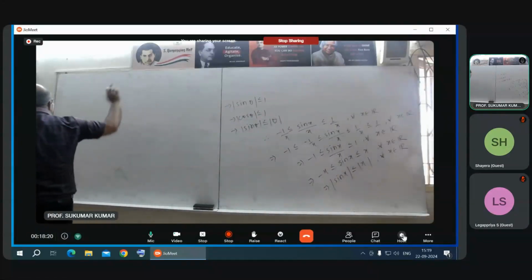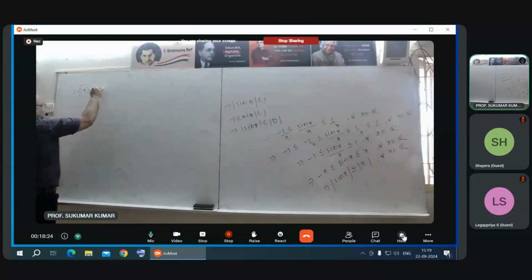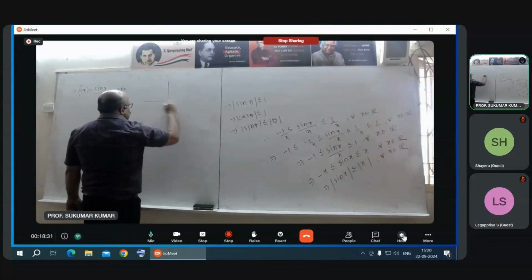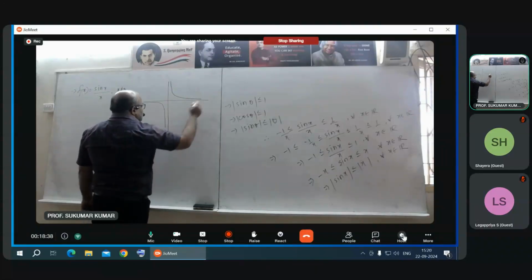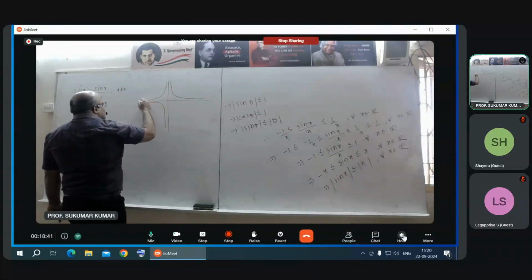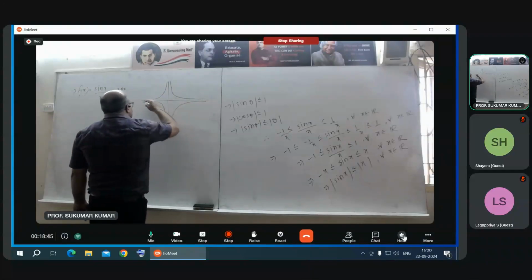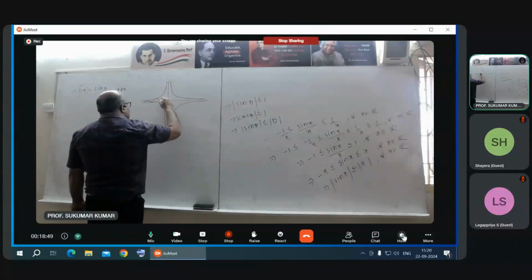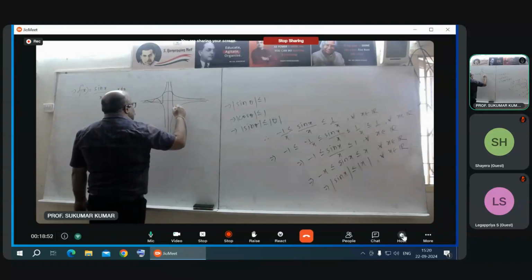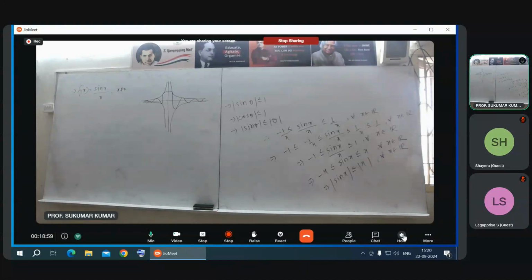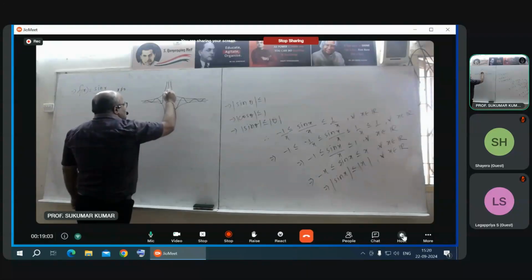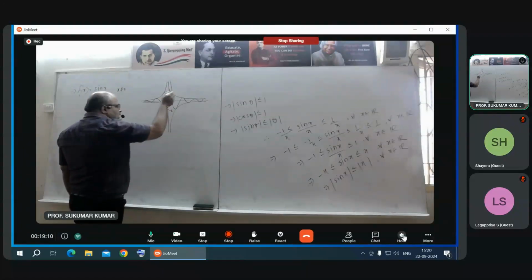So for sin x by x we will see differentiability. At 0 here, closer to 0 we will get 1, but we can't, there is a cut point.